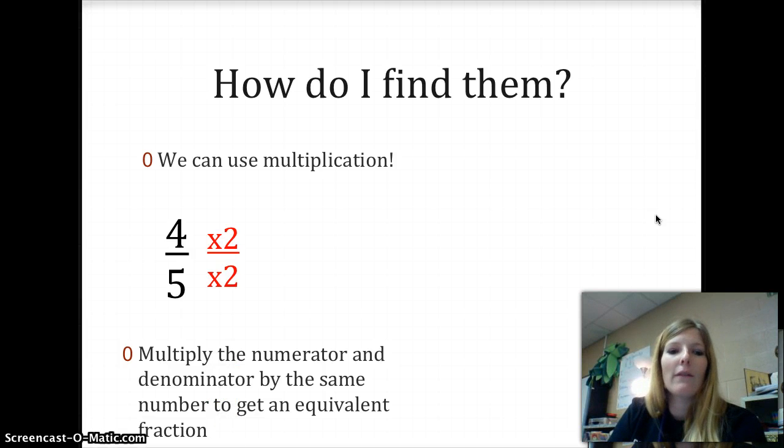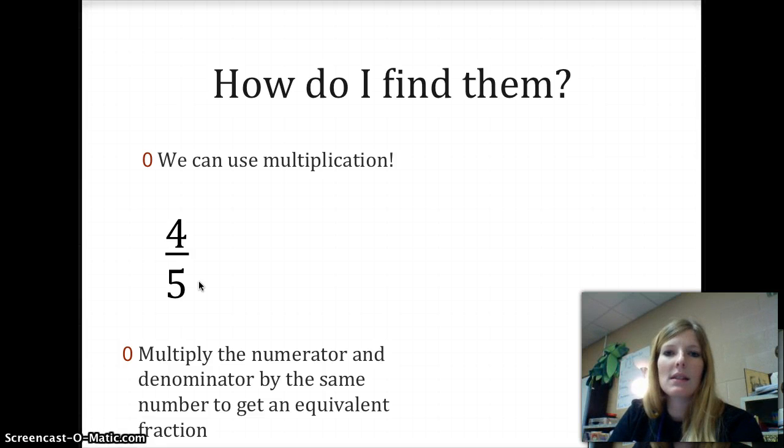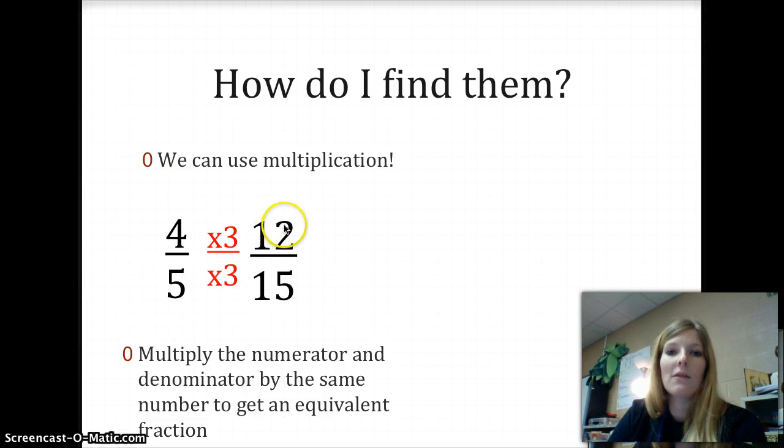So if we do 4/5 times 2 at the numerator and the denominator, then we'll get a new fraction. 4 times 2 equals 8, 5 times 2 equals 10, so I have 8/10 as an equivalent fraction for 4/5. This works if I do it times 3. 4 times 3 equals 12, and 5 times 3 equals 15.